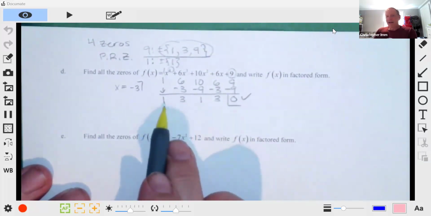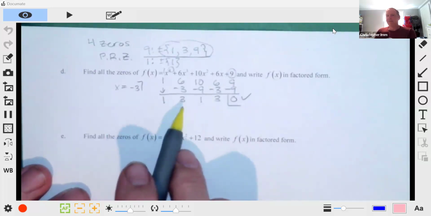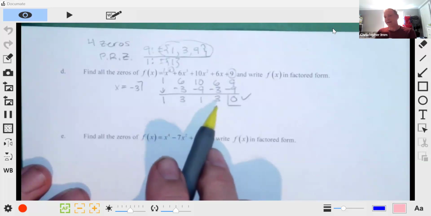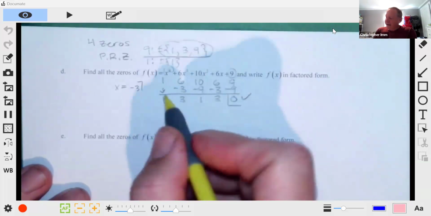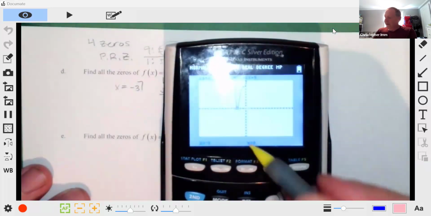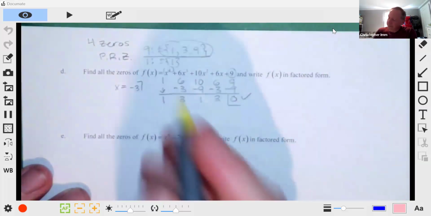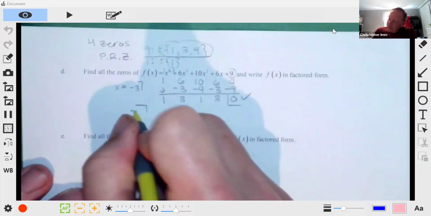This is going to be a polynomial of degree 3, so it would be x cubed plus 3x squared plus x plus 3. But I saw on my graph that we did have a bounce there, so I know that we can try -3 again. Let's do it. So I have -3.